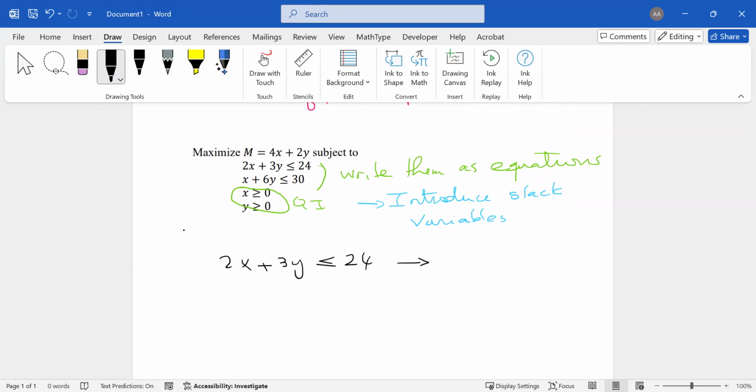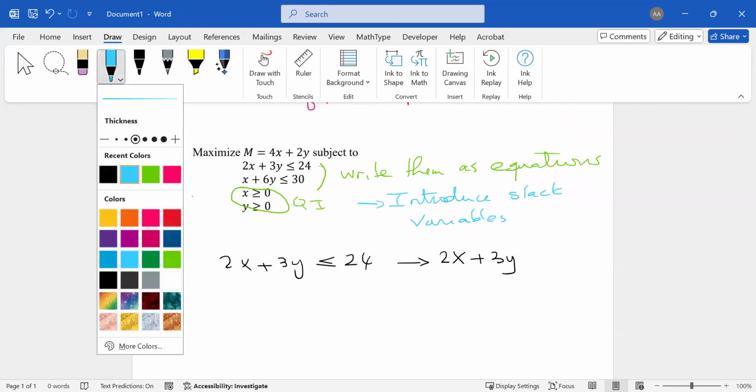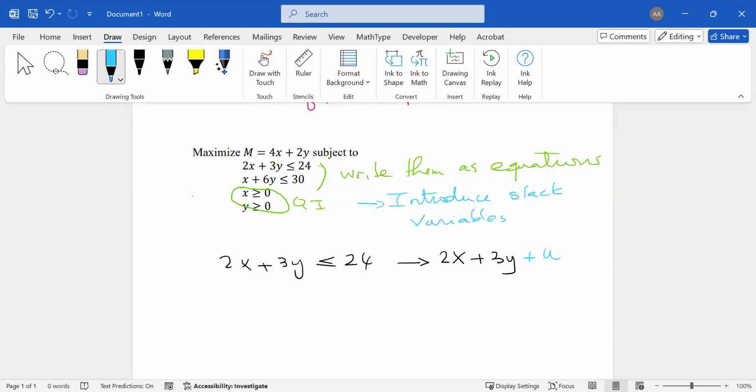Because there exists a variable which you call u, for instance, such that 2x plus 3y plus u equals 24. The only condition here is that u has to be positive or equal to 0, which completely makes sense mathematically.